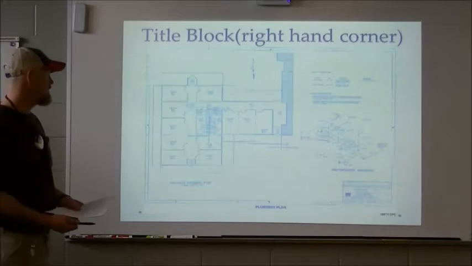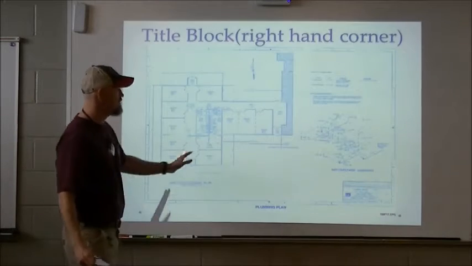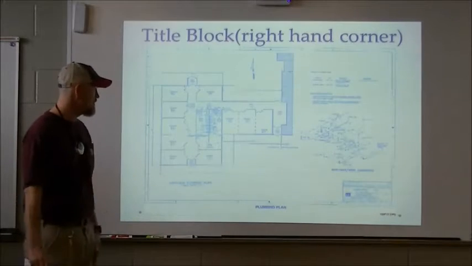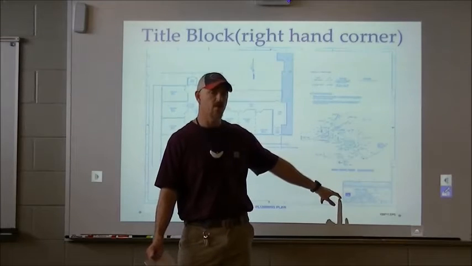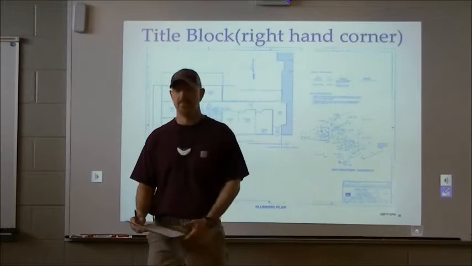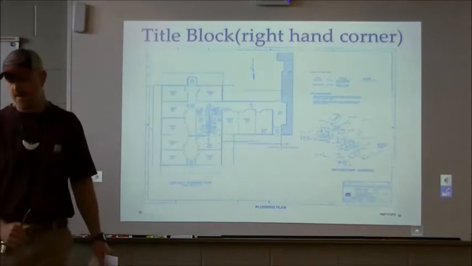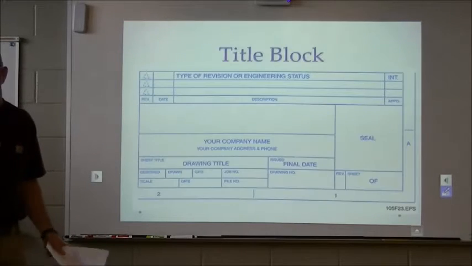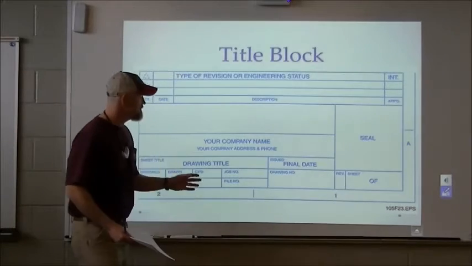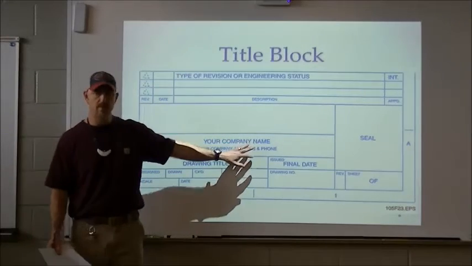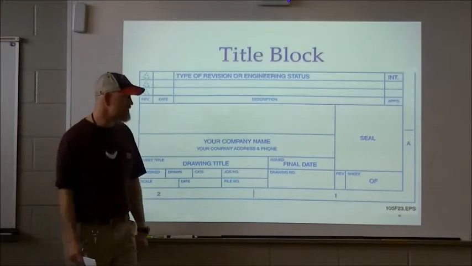Okay. Now, if you look, this is a drawing. This is a plumbing plan that's being shown right here. And right down here in the bottom right corner, you can see the title block. We're going to zoom in here and have a close-up view of this title block. Now, this would be where the logo or the company name is.